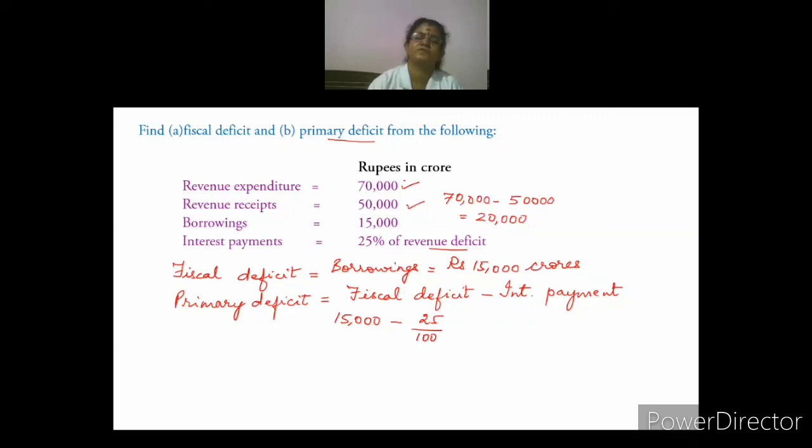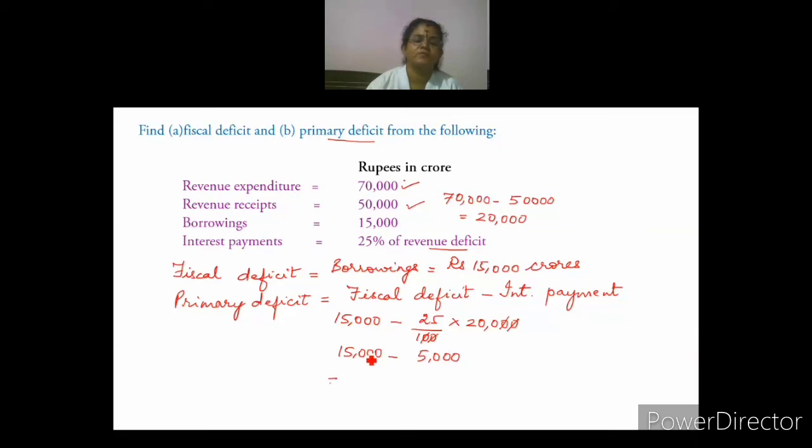70,000 crores minus 50,000 crores, you get 20,000 crores. So let us now calculate the interest payment, 25% of the revenue deficit. The revenue deficit that we have calculated is 20,000. Now let us calculate interest payment. 15,000 minus 25 percent of 20,000, which is 5,000.